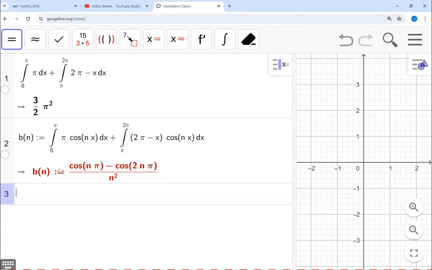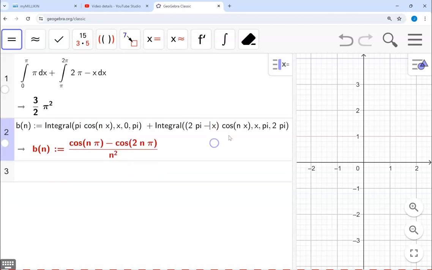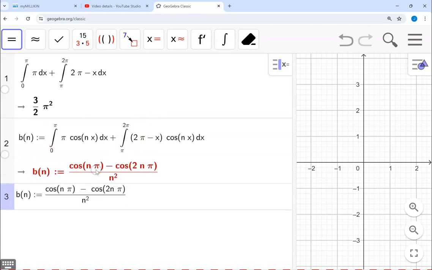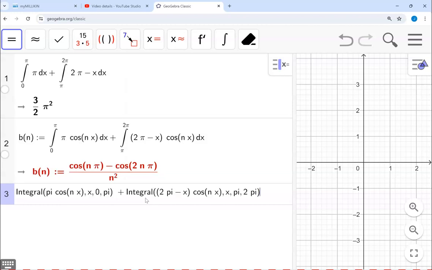How does this change for the other coefficients that we need? I need to change the cosines to what? To the sines. Good. So in this case, I'm just going to grab this and copy it. Hit copy, paste. There we go.